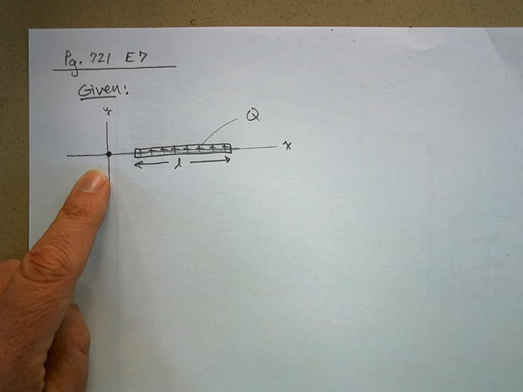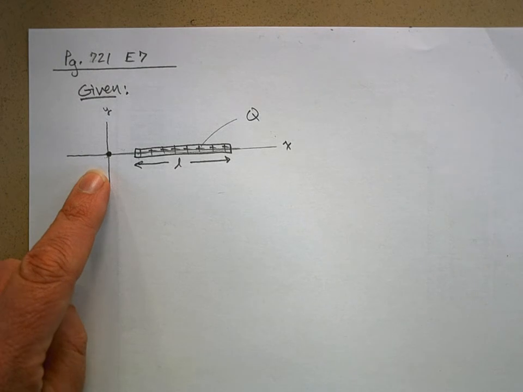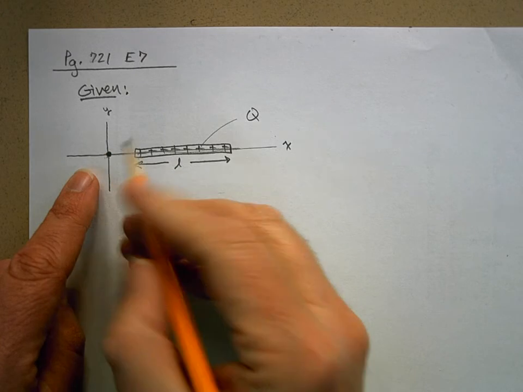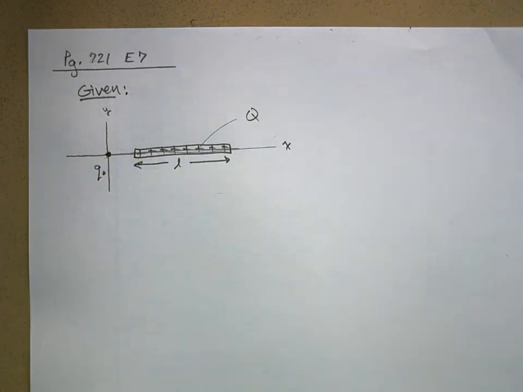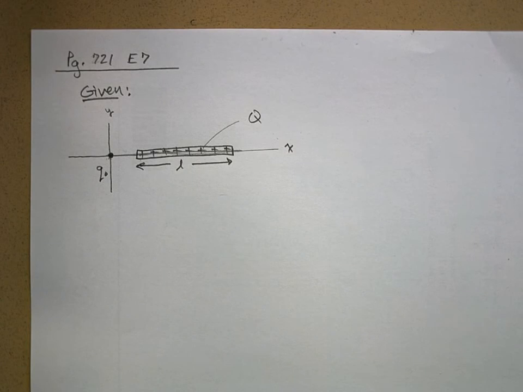Now think about this in terms of the electric field, what electric fields do. Electric fields apply forces to charged particles. And we put a test charge there. So I'm going to put a test charge right here. I'll put a little Q naught. Now, what did I say was true about test charges?